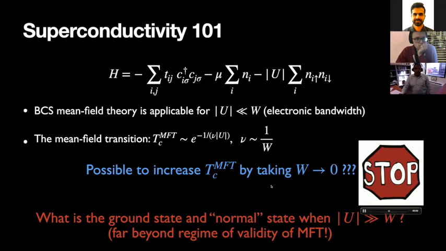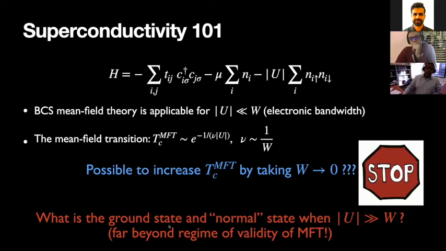And the fundamental question that we should ask is, it's far from being clear that when I crank up the strength of interactions, I can immediately even infer that I will continue to have a superconducting ground state. And the bigger problem is that the normal state, meaning the metallic state out of which superconductivity can possibly arise, need not be conventional in any sense.